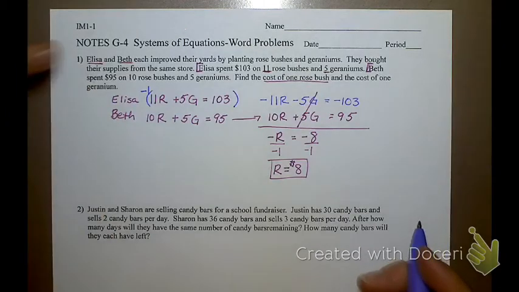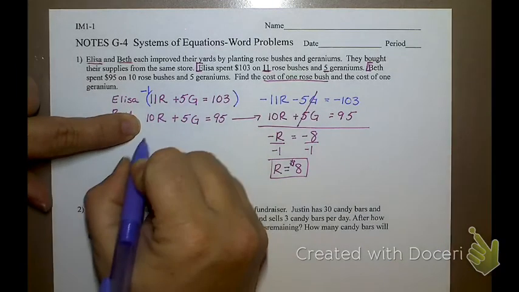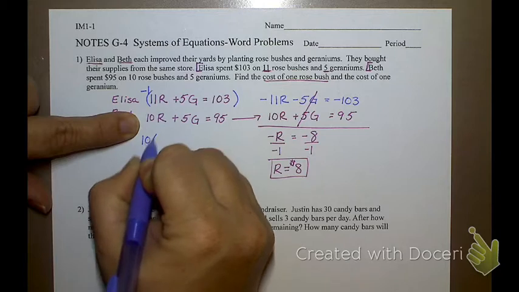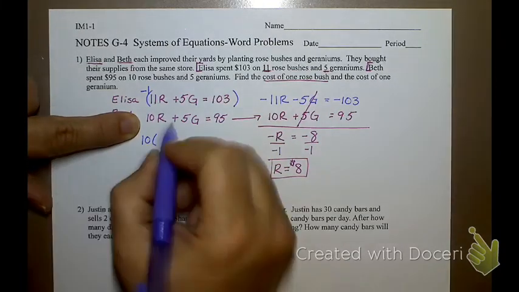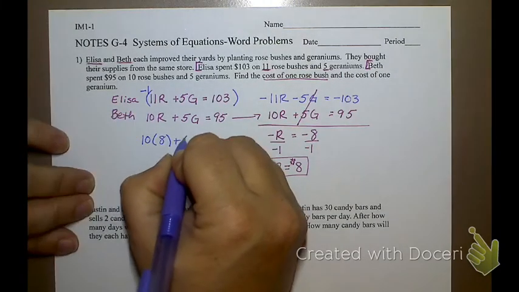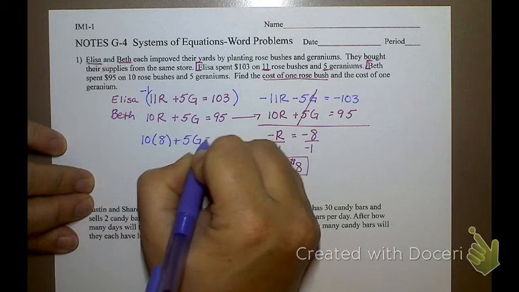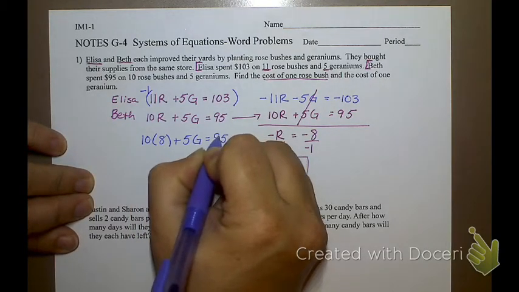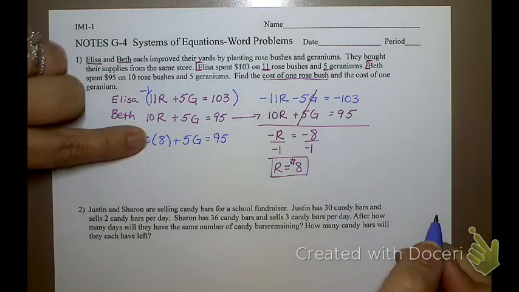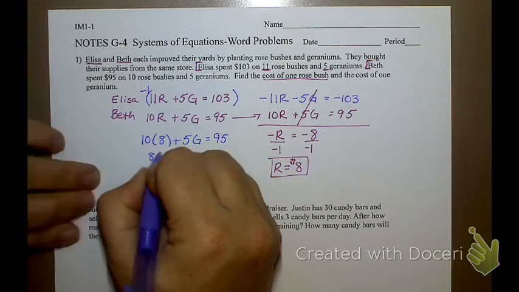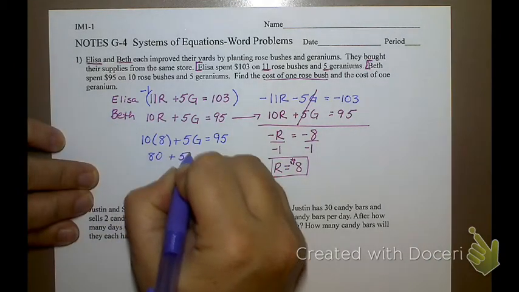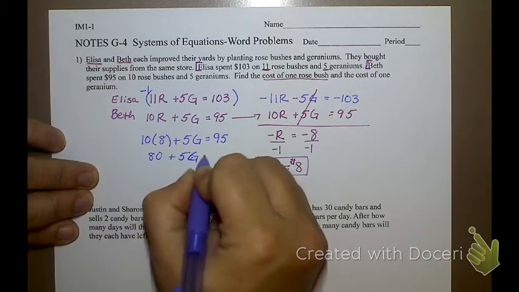I'm going to pick the second one because the numbers are a little smaller. So 10R, and what am I plugging in for R? Plus 5G equals 95. 10 times 8 is 80, plus 5G equals 95.